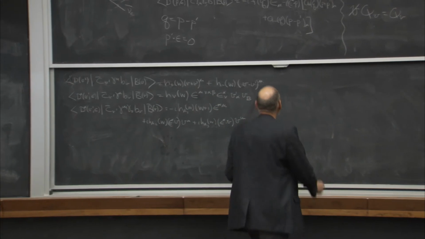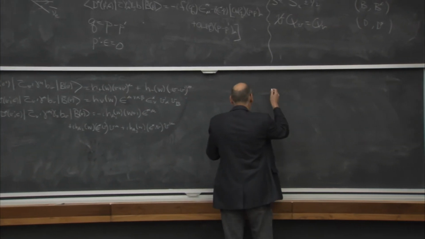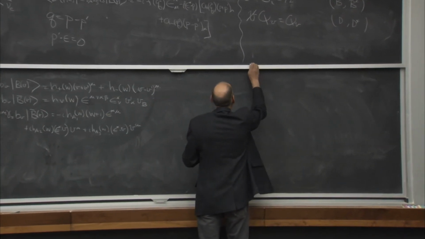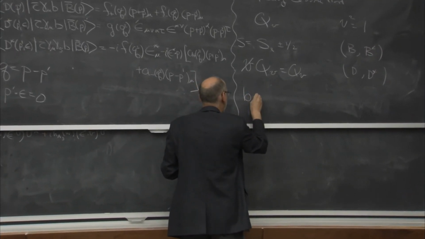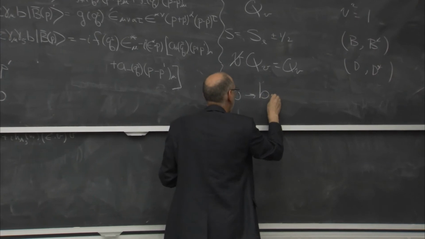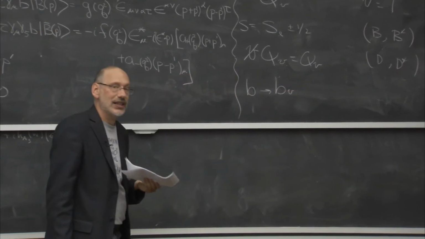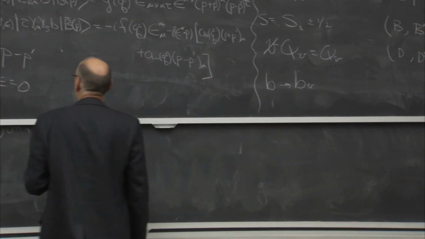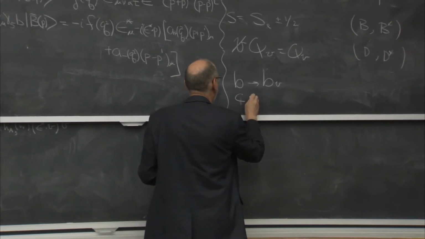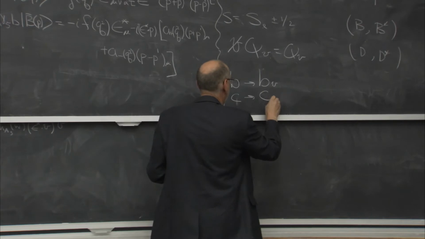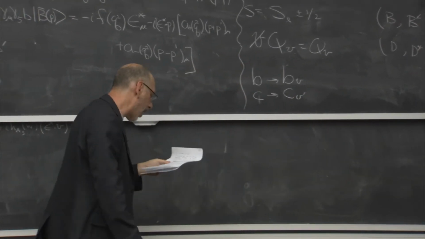So I'm going to want to use 4 velocities, and so I'm going to introduce them for this problem. We start with our bottom quark. It's going to go to a bottom quark labeled by a 4 velocity V in the heavy quark limit, and the charm quark will go to a charm quark labeled by the 4 velocity V prime.